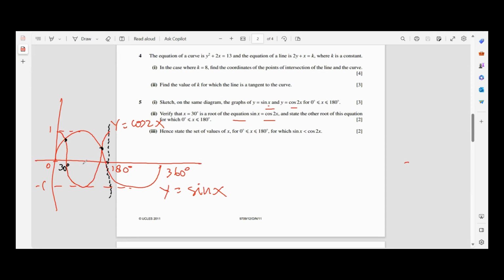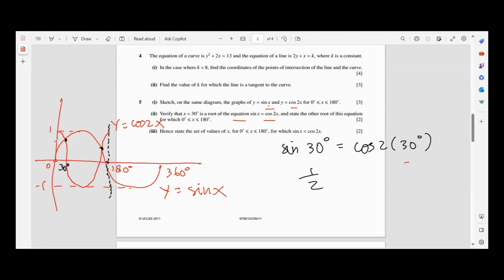Then if that is 30 degrees, let us say that x is 30 degrees. So we substitute: sine x, the x becomes 30 degrees, equals cos 2 times 30 degrees. So sine 30 degrees is half.